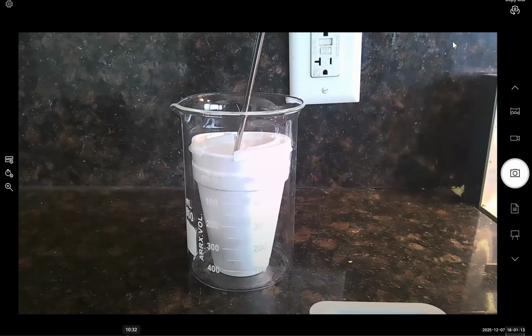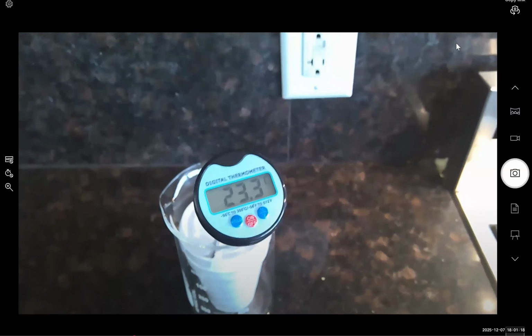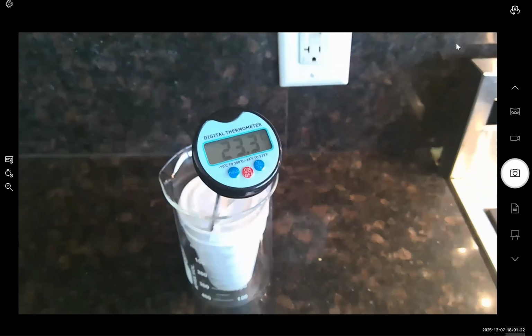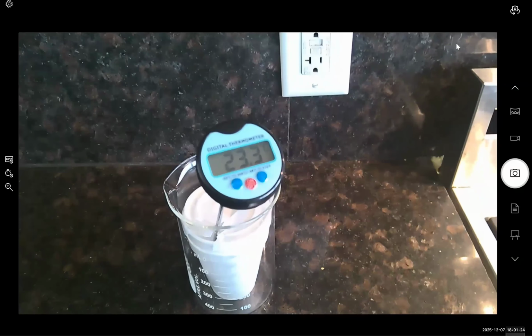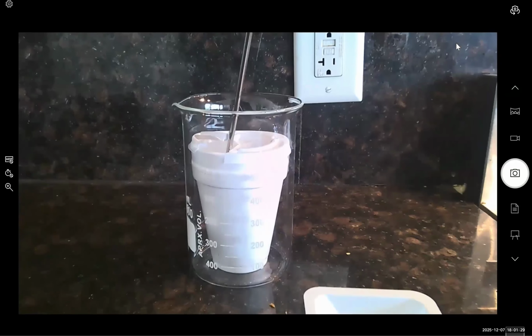Now, we're going to let the sample sit and we're going to stir it thoroughly. And I'm going to keep monitoring the temperature. As you can see, this calorimeter is doing a pretty good job of keeping the temperature consistent, as the temperature hasn't dropped due to heat exchange with the surroundings.